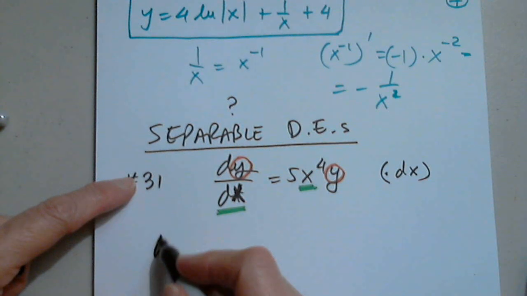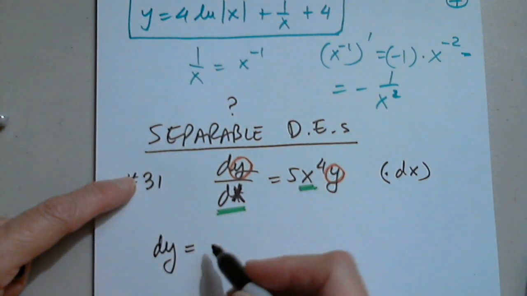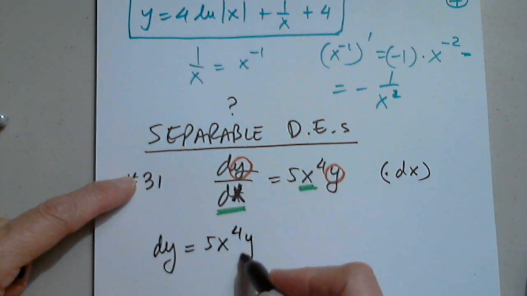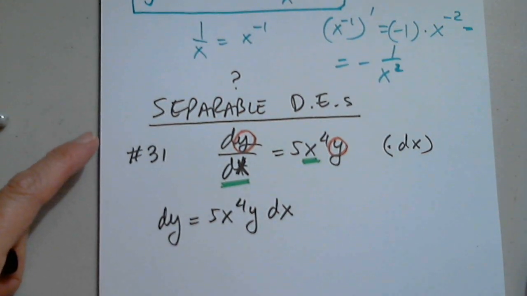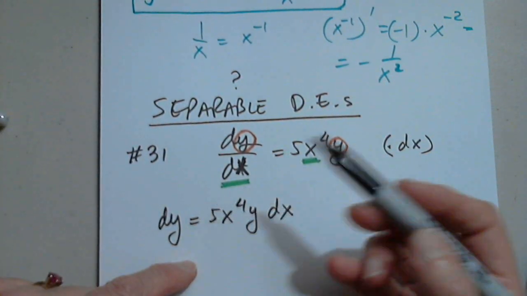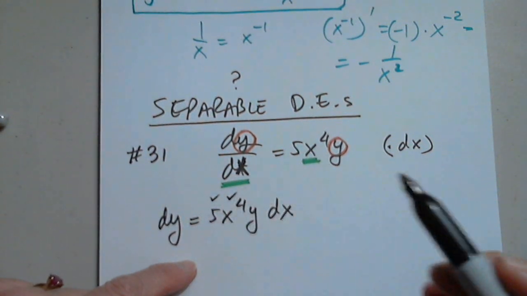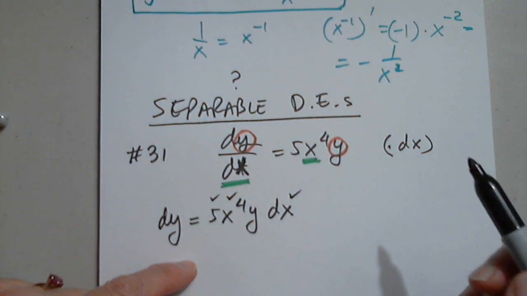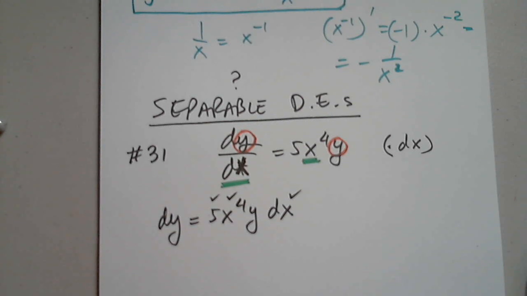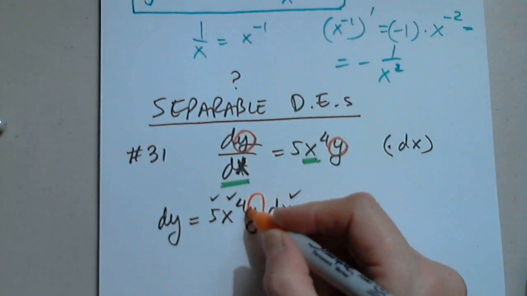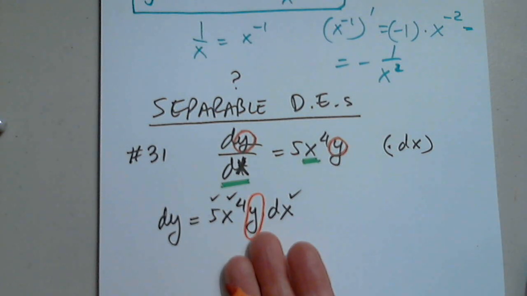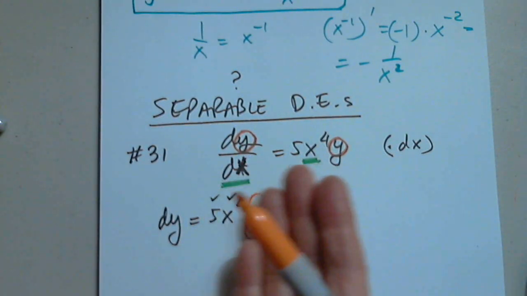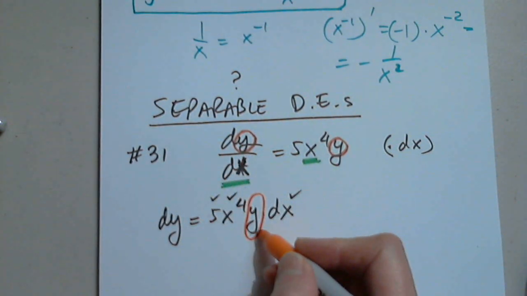The left-hand side is dy. The right-hand side is 5x to the 4th y times dx. So 5 can be anywhere, it doesn't matter. x to the 4th is okay, dx is okay. Now, y is not okay. What do I mean by y is not okay? y is still in the way. I have x alone on one side, but this y is in the way.